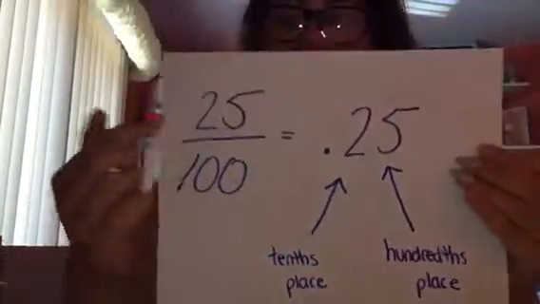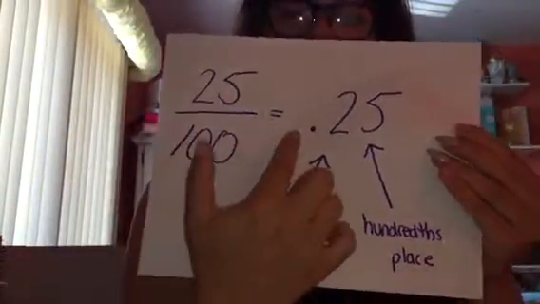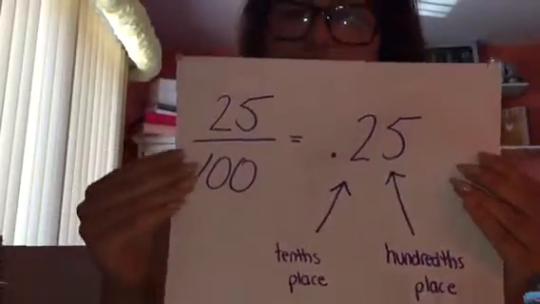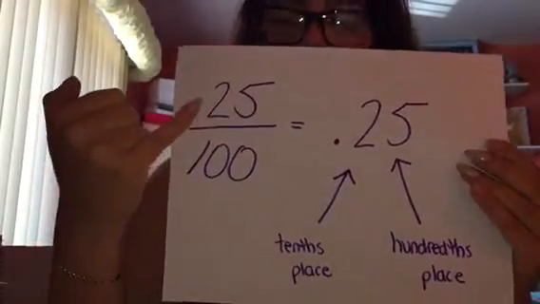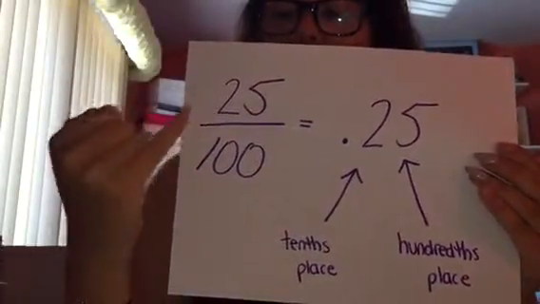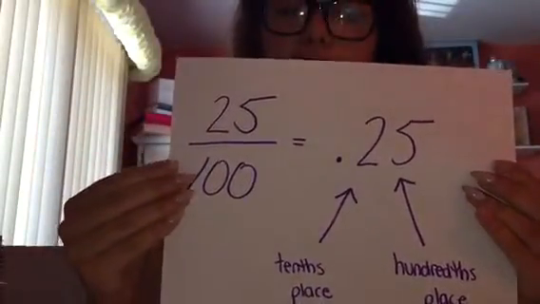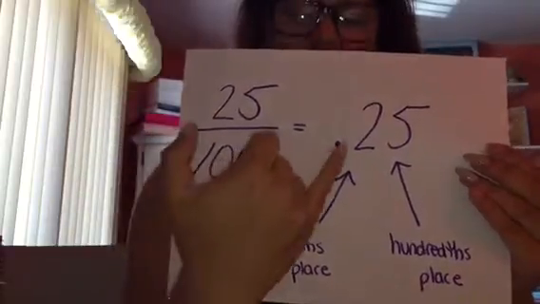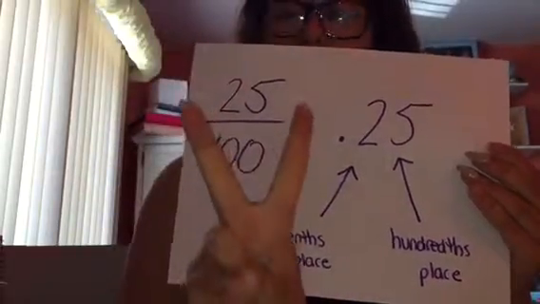So 1 over 100 is equal to 0.01. I have another example, a bigger number: 25 over 100. 25 over 100 equals 0.25. In this situation, we have a number to represent the tenths and the hundredths. The 2 represents the 20 in 25, so it goes into the tenths place because there are 2 tenths.